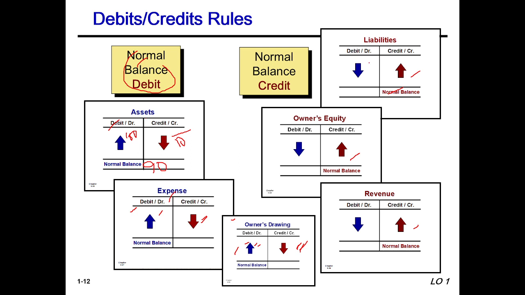And here all liability increase is credit, owner's equity increase is credit, revenue increase is credit. This is the debit credit rules. If liability decreases, that must be debit.